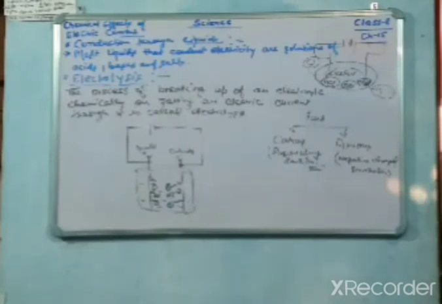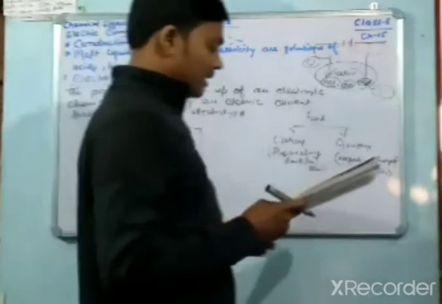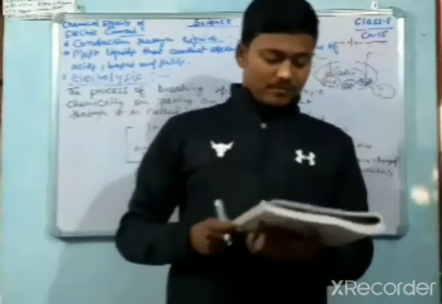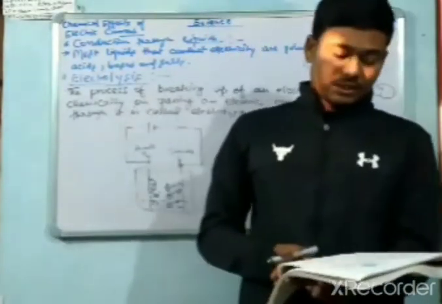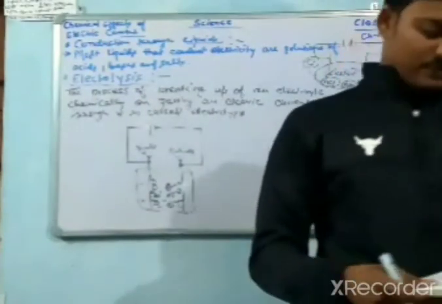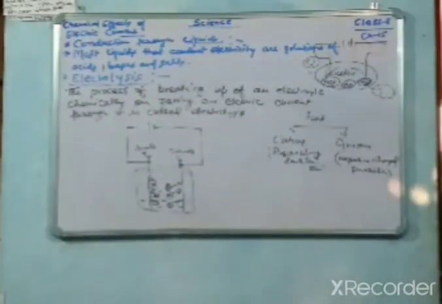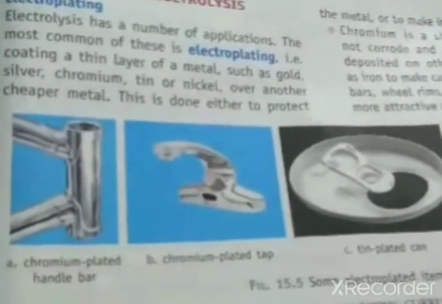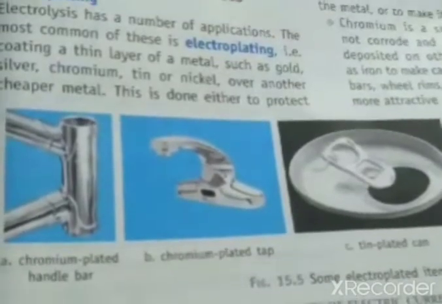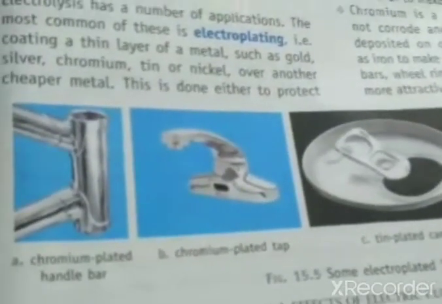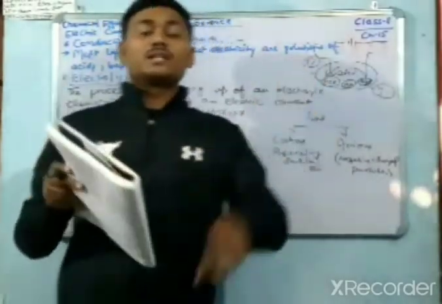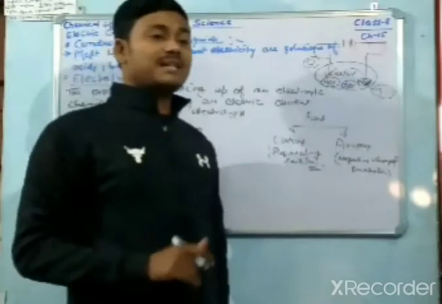The next topic is the usage of electrolysis. There are obviously good usages of electrolysis. You can see so many electroplated items, like jewelries, tin plated cans, chromium plated taps, chromium plated handlebars. You put some amount of a thing on the surface of a substance.